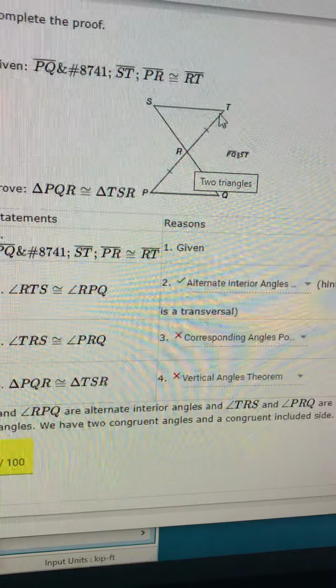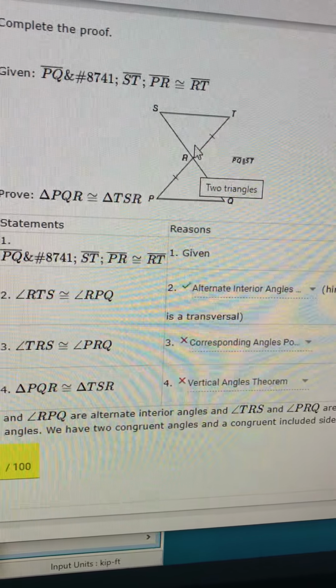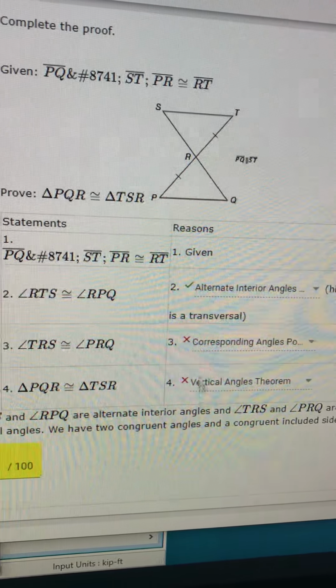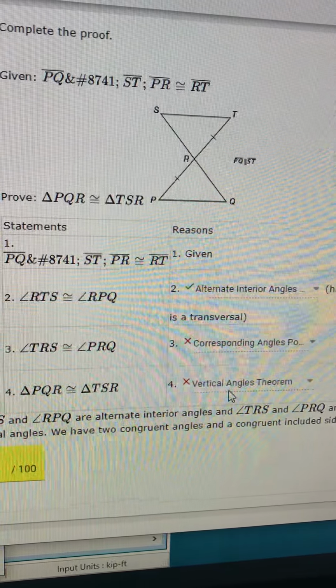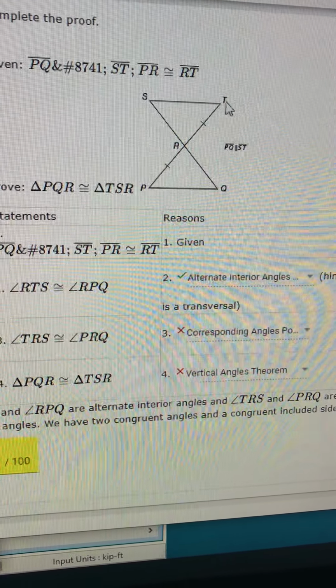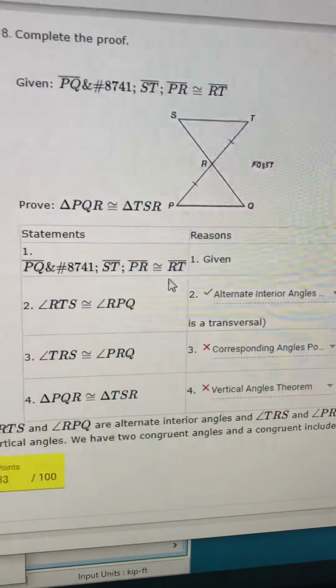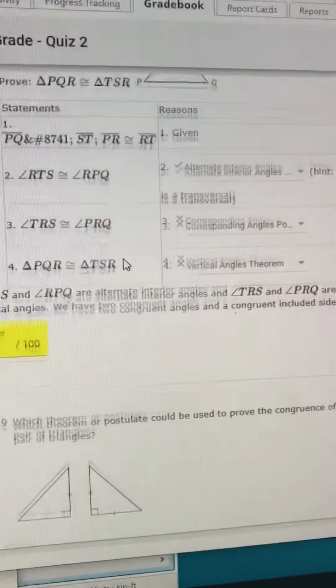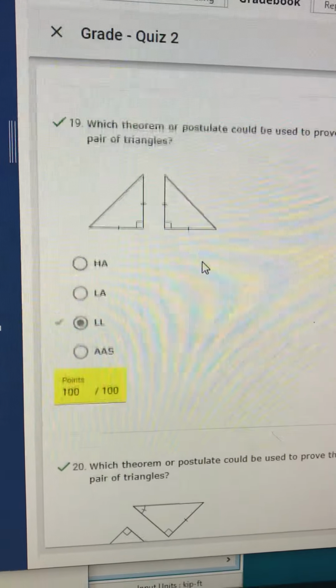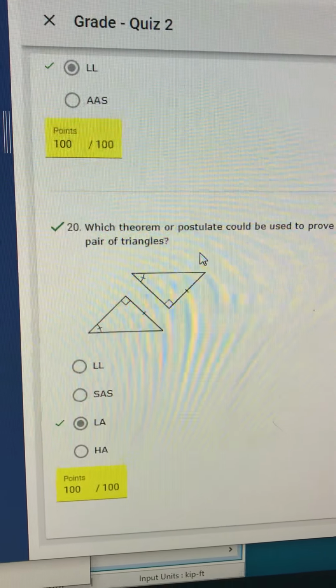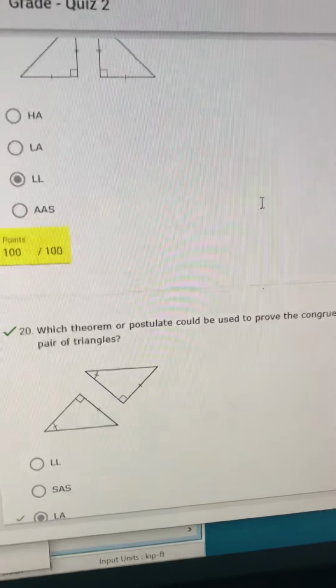T. They gave you this angle and the side in the middle. So the reason they're congruent is angle, side, angle. I got that one right. Good job. Hopefully that'll help.